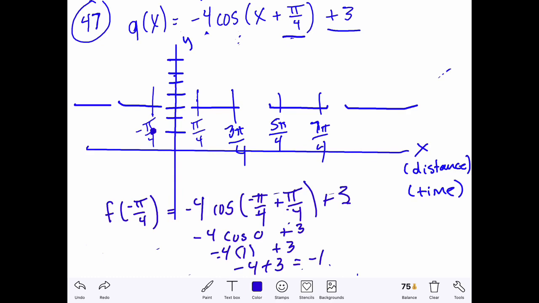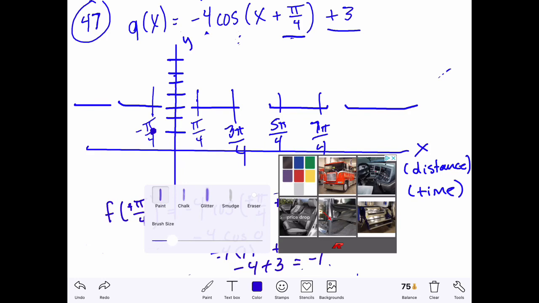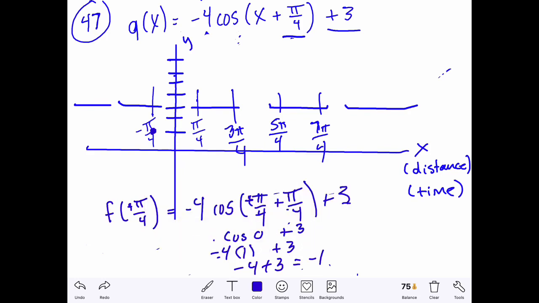All right, let's do another value. How about positive pi fourths here? Put in positive pi fourths. What's pi fourths plus pi fourths? Well, that would be 2 pi fourths, or else pi halves.